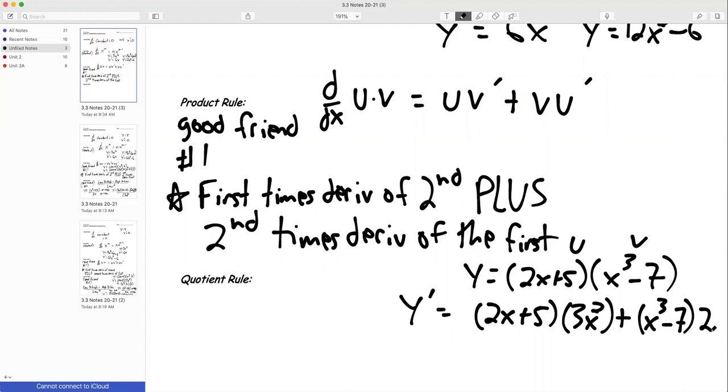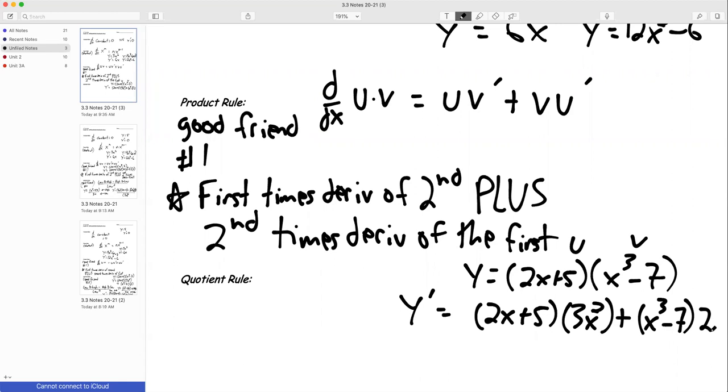Could I switch these? Yes. Sure. 3 plus 5 is the same as 5 plus 3, right? Since I'm adding them and since I'm multiplying them, okay?